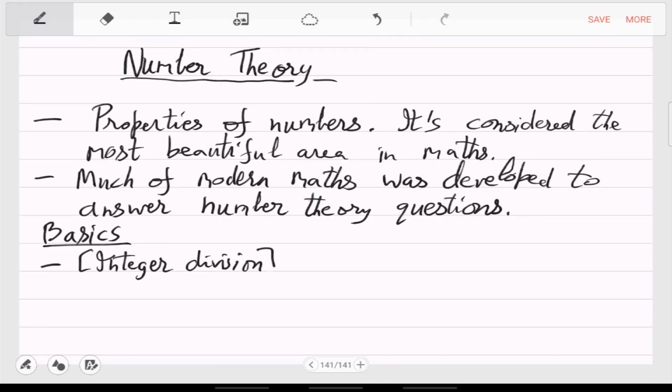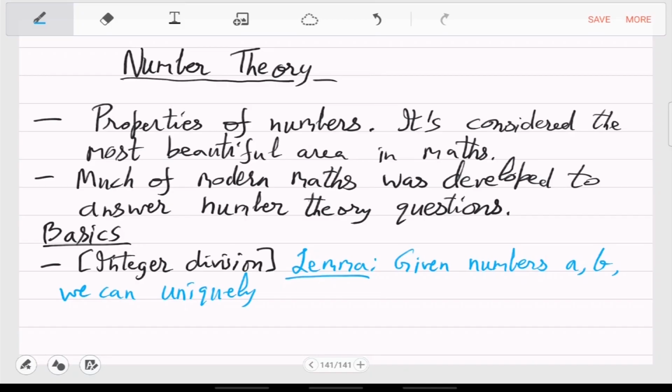So the result I want here is the following: given integers a and b, or numbers, I'll always mean integers, we can uniquely find the quotient.